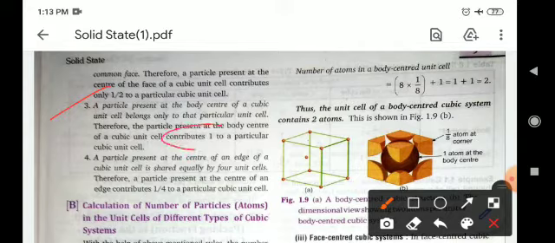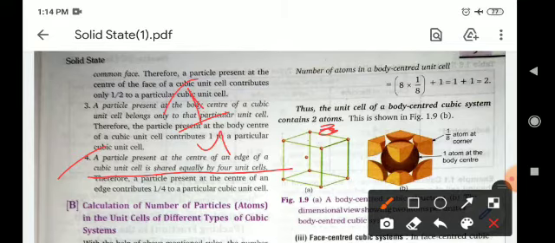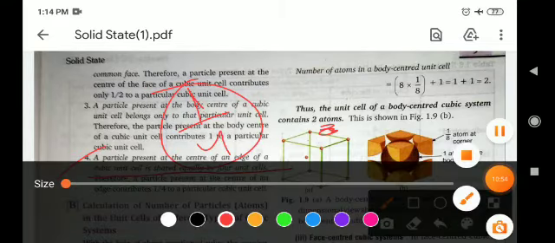Therefore the contribution will be 1, because it is not shared with other unit cells. Next, a particle present at the center of an edge in a cubic unit cell is shared equally by 4 unit cells, so the contribution will be 1 by 4.